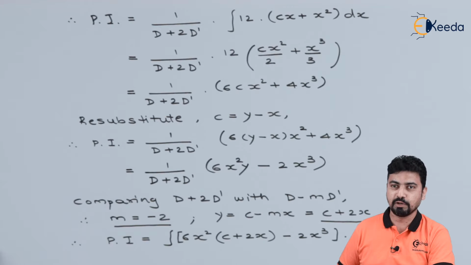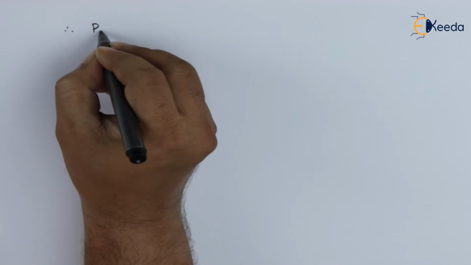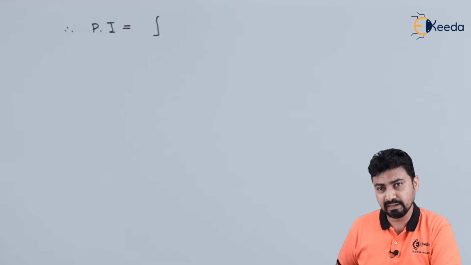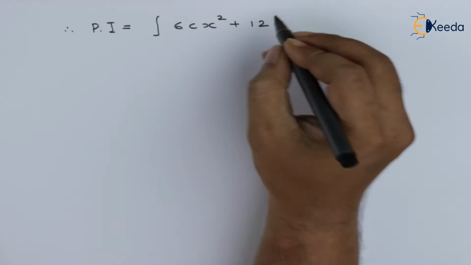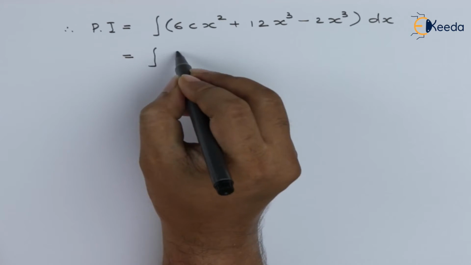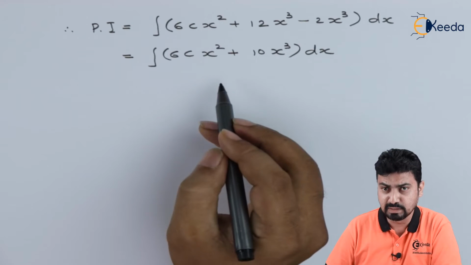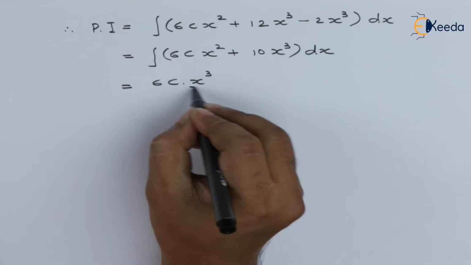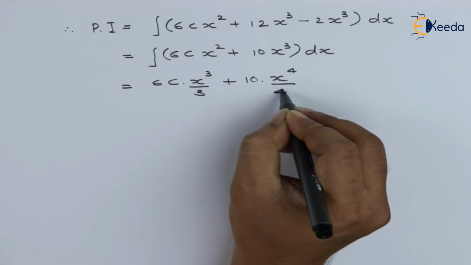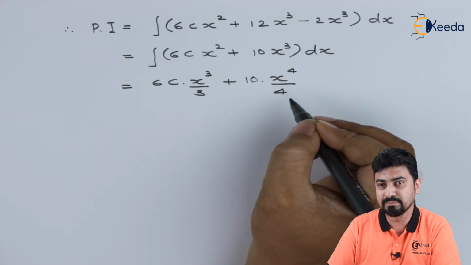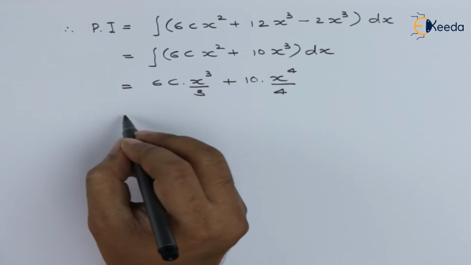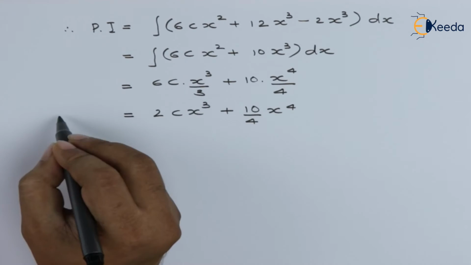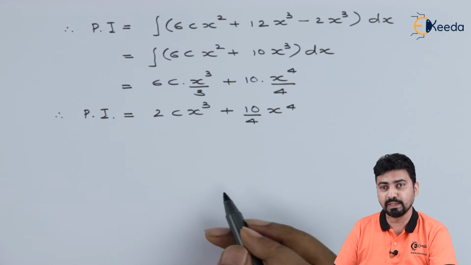Let us integrate this and find out the particular integral. Let us first simplify the expression that we have derived and then integrate. This is a simplified expression integrating both the terms. Now, let us see if we can simplify this and get our final answer. This is our final PI.